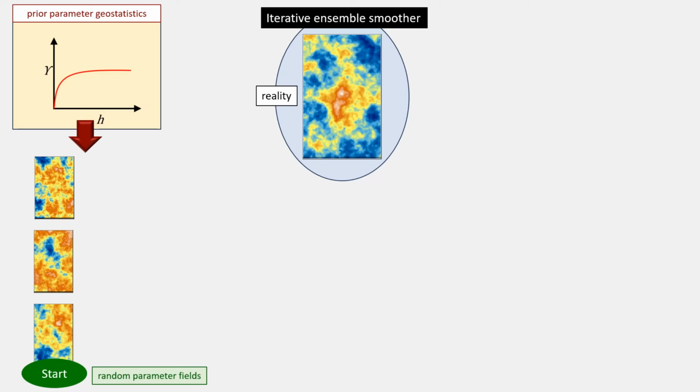So here we bring geostatistics into play just a little earlier. We use the prior probability distribution of the parameters to come up with samples of the prior probability distribution, random parameter fields which are all in conformity with what I think is the nature of hydraulic property heterogeneity.